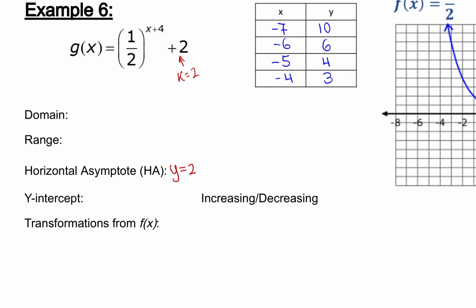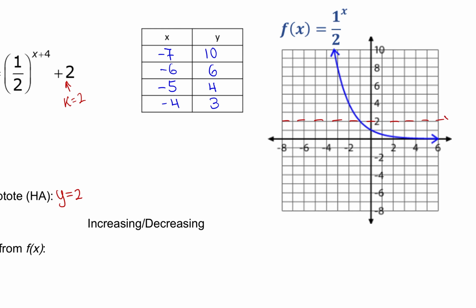Now from there, I will then begin by plotting the horizontal asymptote at y equals 2. So this is y equals 2. That's my HA. Then I will plot the points of accuracy. I have one at -7, 10, which is located right here. I have another point of accuracy at -6, 6, which is right there.